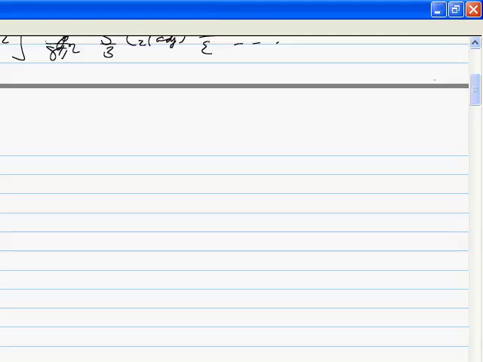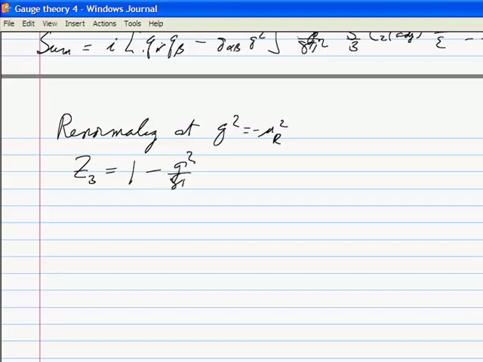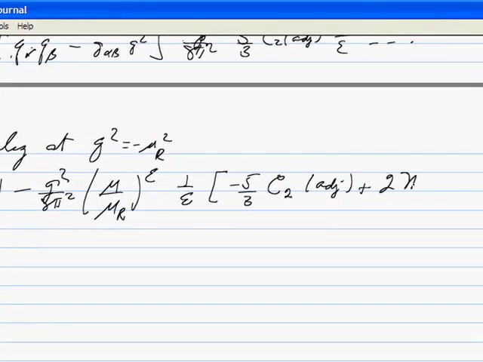Okay. This lets us pull out, so then we renormalize at q squared is minus mu r squared, and we get Z3 is 1 minus g squared over 8 pi squared, mu over mu r squared to the epsilon, 1 over epsilon, minus 5/3 C2 adjoint plus 2 times the number of fermions over 3.